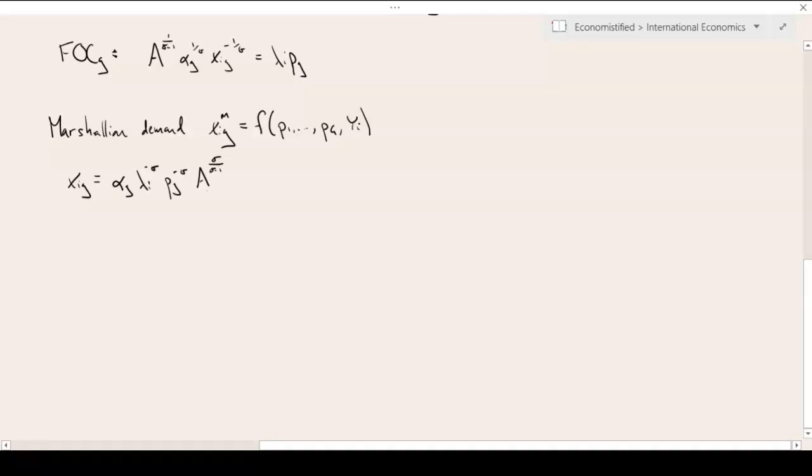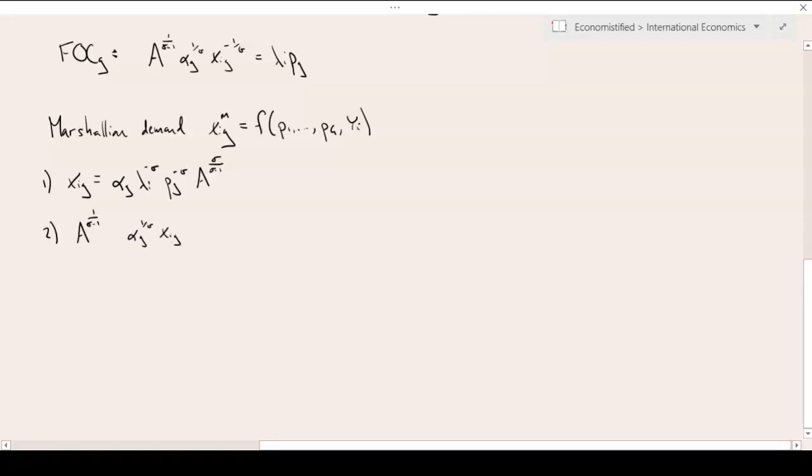So the first thing I'm going to do is take our first order condition again, and multiply it by Xig. This is step two. I'm going to leave a little bit of a gap between this a and the alpha term, and multiply this by Xig.